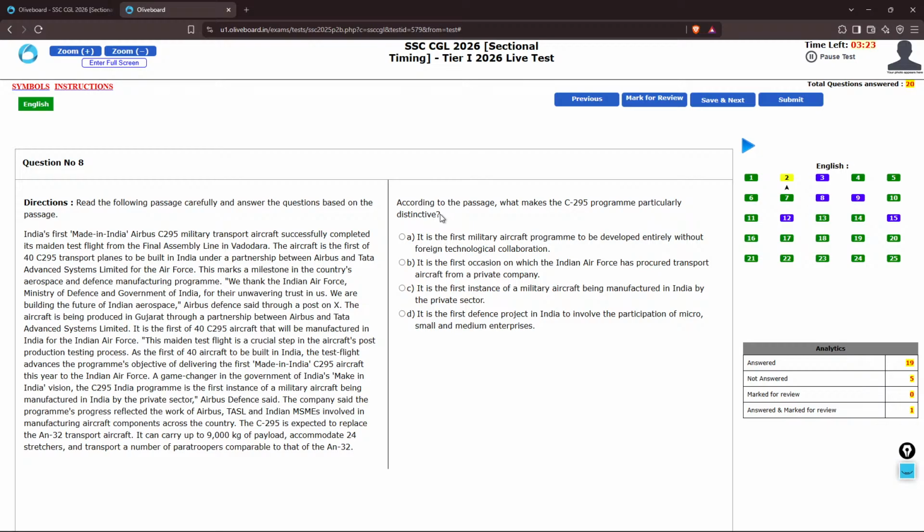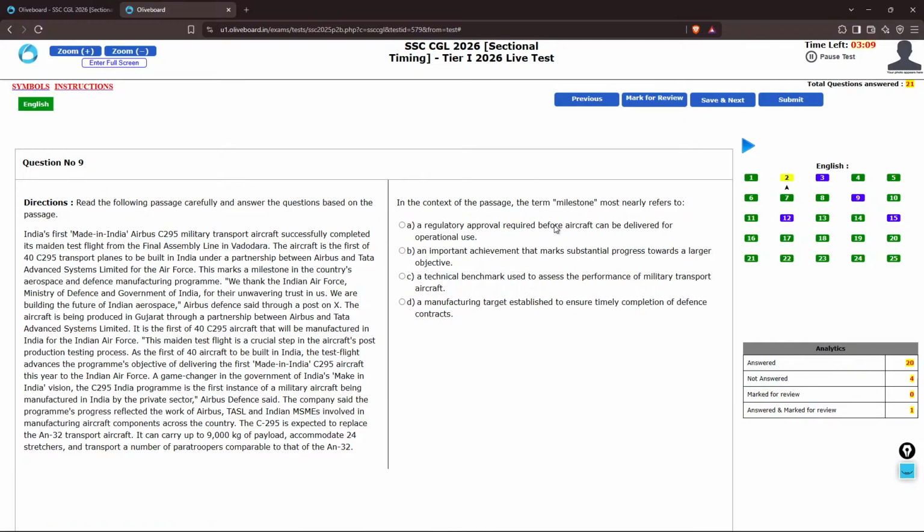So private sector, first time. Military aircraft, so the Make in India vision, first instance of military aircraft being manufactured by the private sector. The last one: in the context of the passage, the term milestone mostly refers to a regulatory approval before the aircraft, an important achievement that marks substantial progress towards a technical benchmark for manufacturing, a target established.